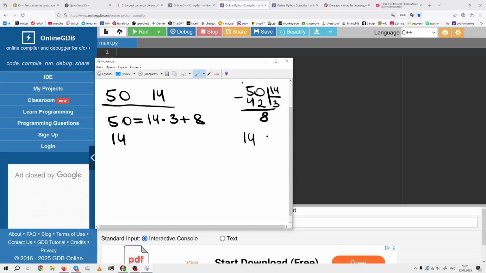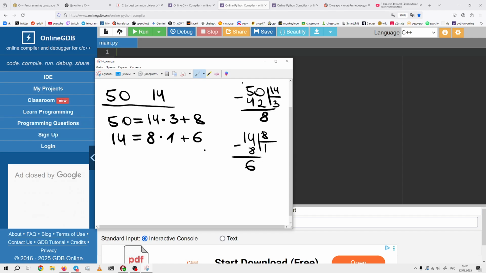So the minimum is 14, and we divide 14 by 8, and the remainder is 6. So 14 is 8 multiplied by 1 plus 6.